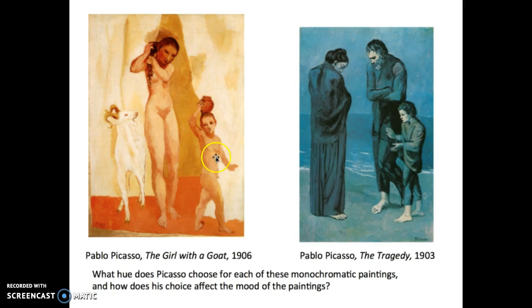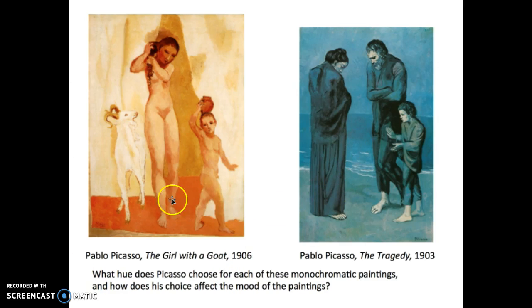This child here flicks out his hand in an almost dancerly manner. The way his legs are positioned seems as though he's about to twirl off the picture plane. The goat here is looking up almost adoringly at this female figure.